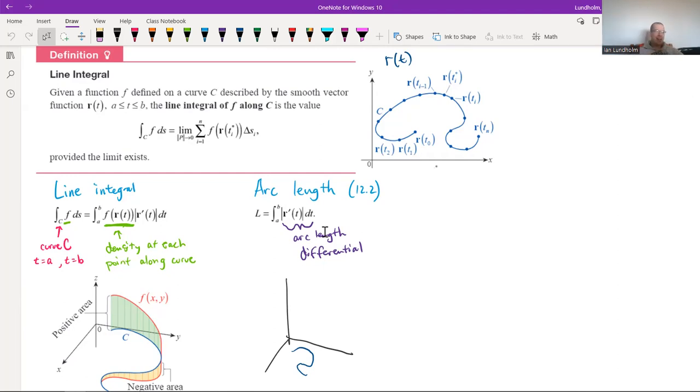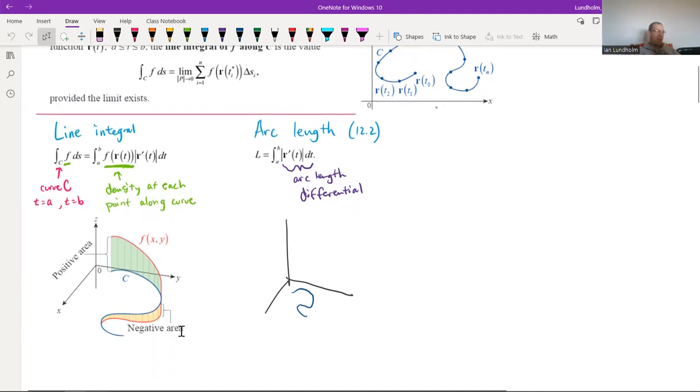But yeah, instead of just adding up a bunch of magnitudes of tangent vectors, like we were doing in arc length, to get the length of some kind of arc, in a line integral what we're doing is adding up a bunch of weighted points along a curve.